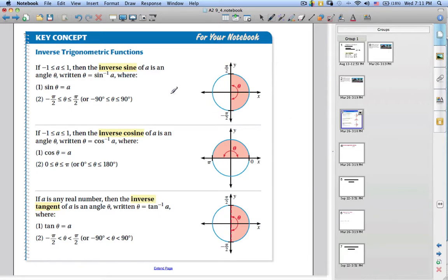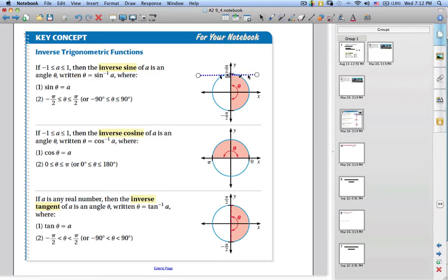One thing that becomes complicated when you use inverse trig functions is if you look over here, when we start talking about the sine of an angle, sine is again related to y. I could have an angle here and an angle here, with a horizontal line, those are both going to have the same y value, which means they're going to have the same sine.